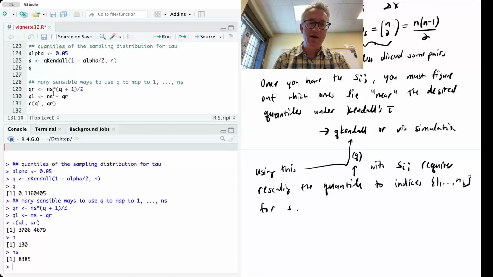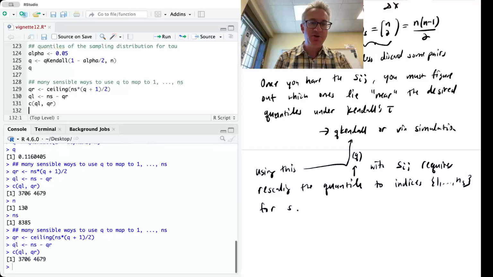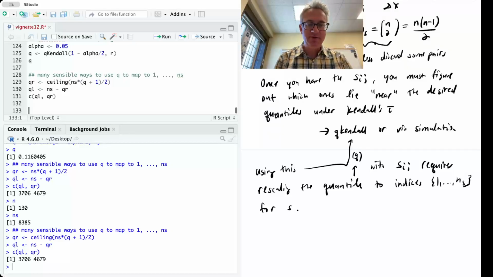So when we divide, it's not a fraction. But if you want to be careful to make sure it's never a fraction, you can write ceiling or round or something like that here. This is what I use in the code in the book. That doesn't change the indices in this case, but it would if you had an even ns.